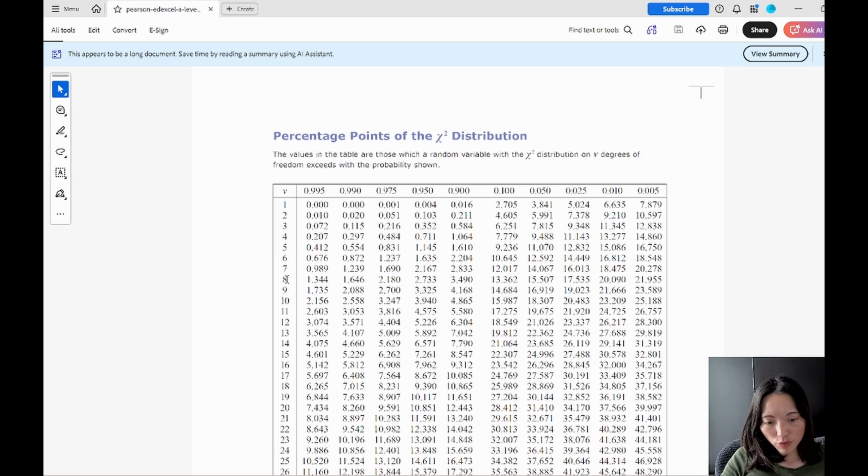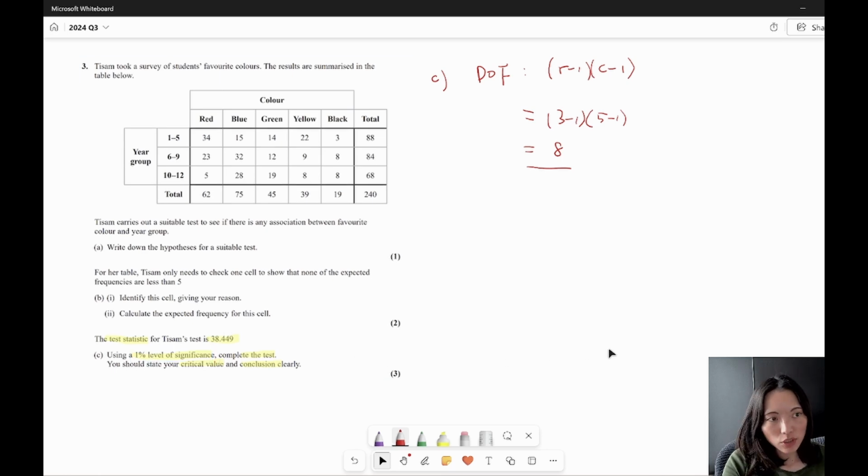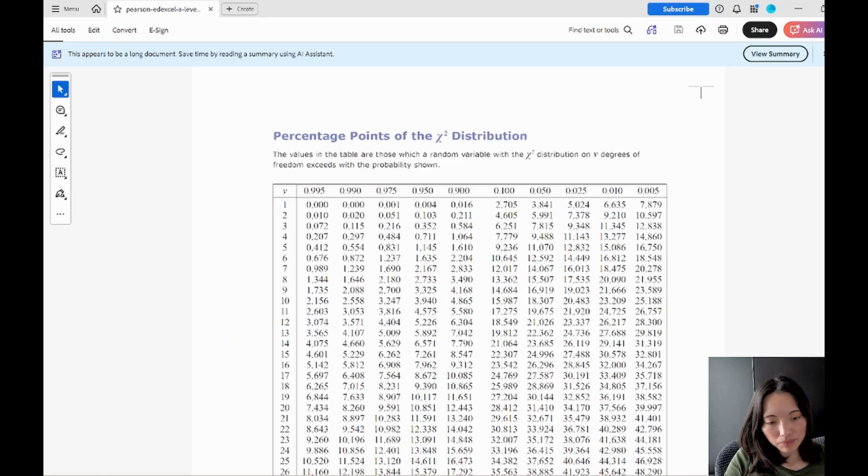I have 8 degrees of freedom, and the question is asking me to use a 1% level of significance. So the critical value I need is chi-squared with 8 degrees of freedom and 1% significance.